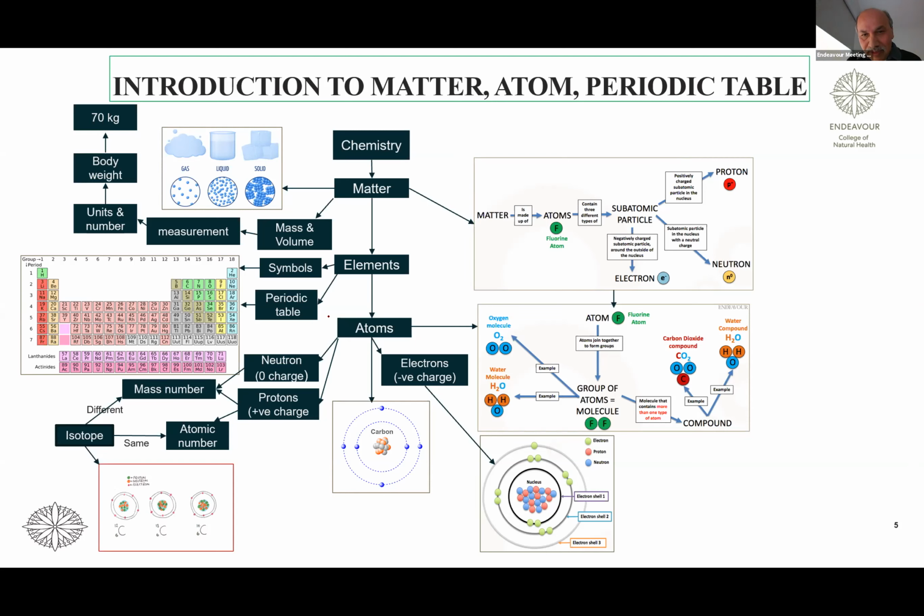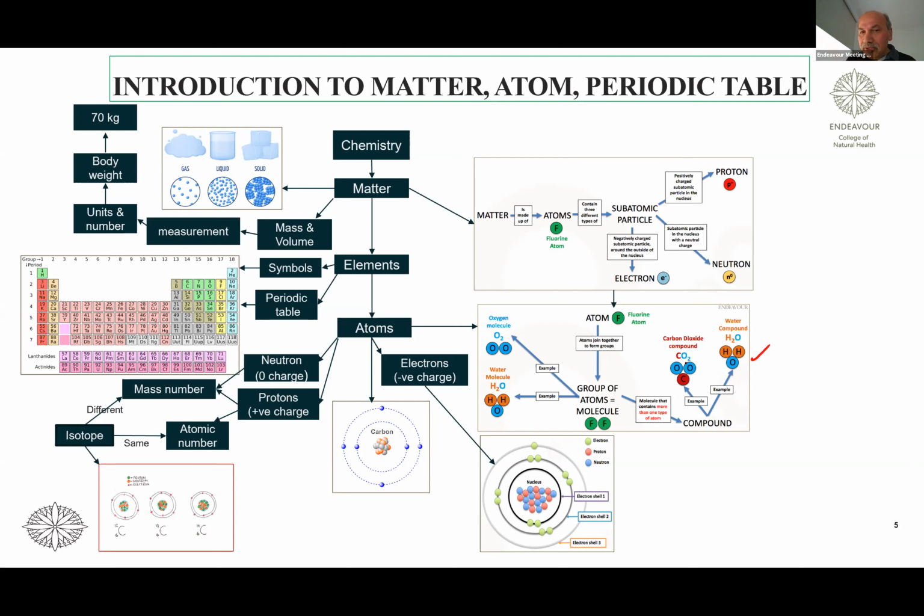If the molecule contains different kinds of atoms, then it becomes a compound. For example, if you look at water here, you have hydrogen and oxygen, two different types of atoms. So that's a compound. Carbon dioxide is also a compound.